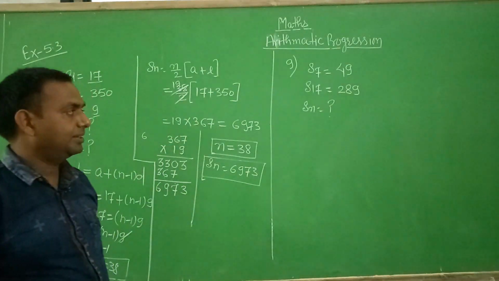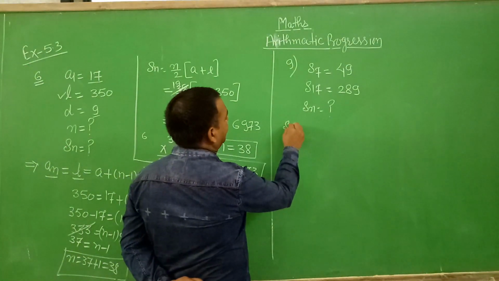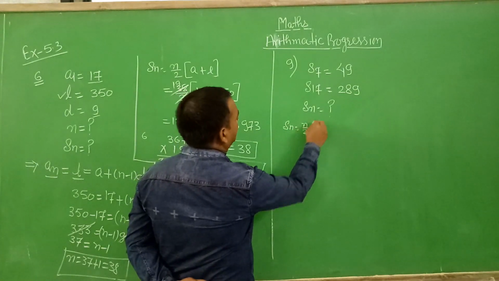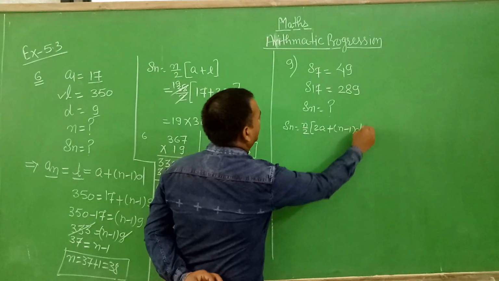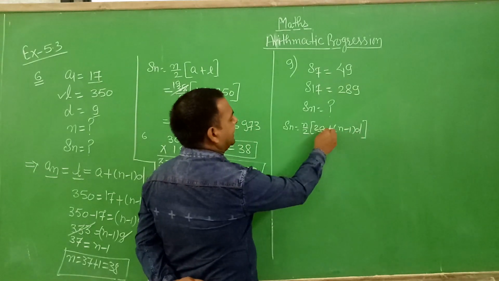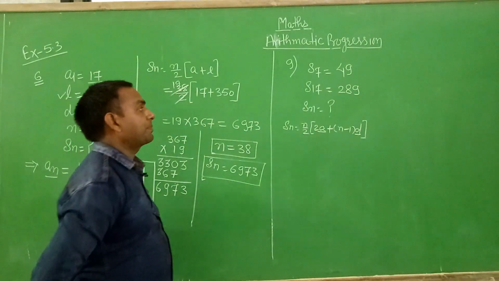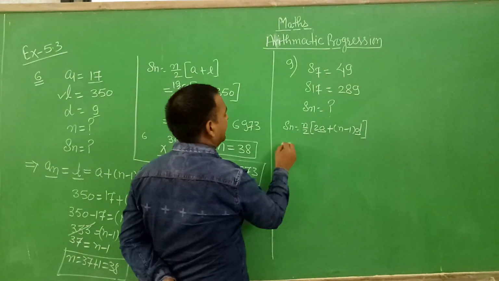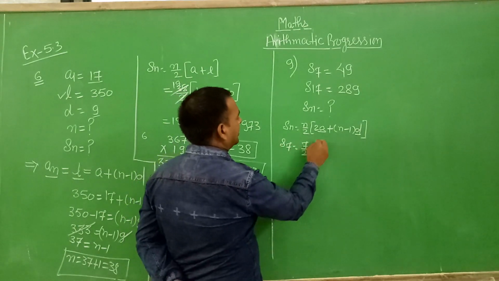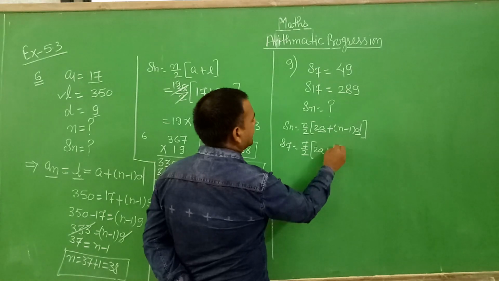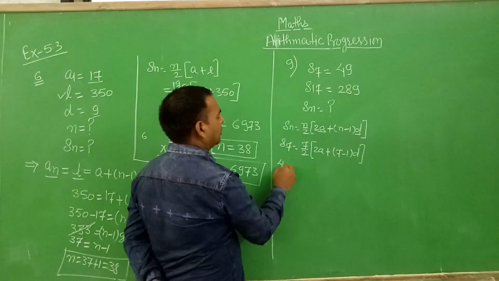How can you find it? So here I apply the formula Sn is equal to n by 2 bracket 2a plus n minus 1 into d, where a is the first term and d is the common difference of the AP. For S7, n is equal to 7. S7 is equal to 7 by 2 bracket 2a plus 7 minus 1 into d, and S7 is equal to 49.